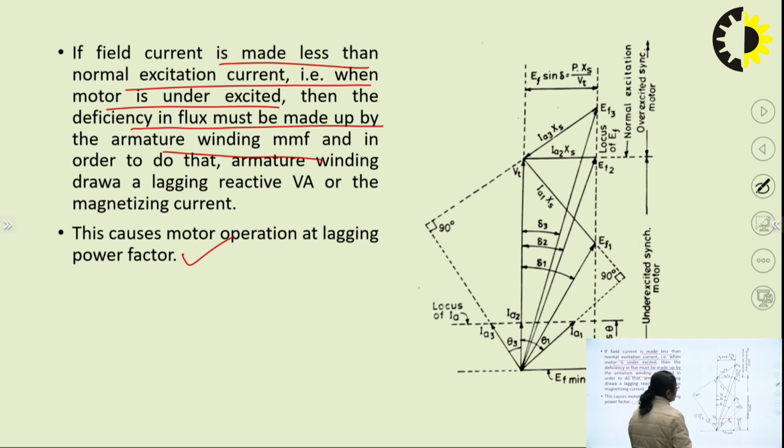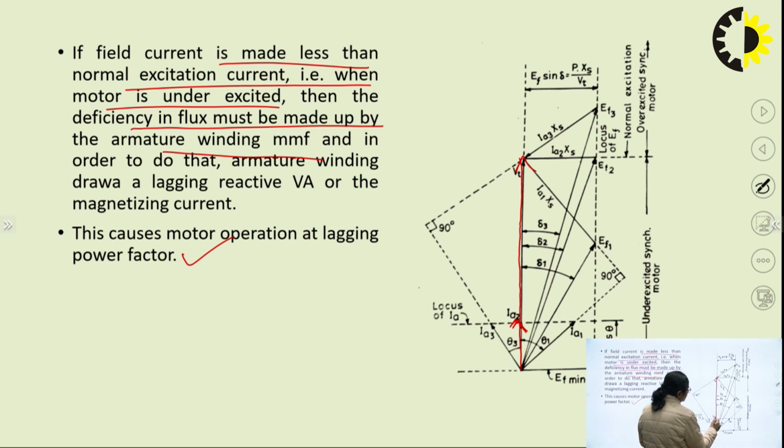Now, let me show you the two conditions with the help of the phasor diagram, starting with unity power factor operation. Vt is the terminal voltage taken as the reference phasor. Under the conditions of normal excitation, I have told you that the armature would be operating at unity power factor. So, some amount of current, let it be current IA2, is flowing in the armature circuit.